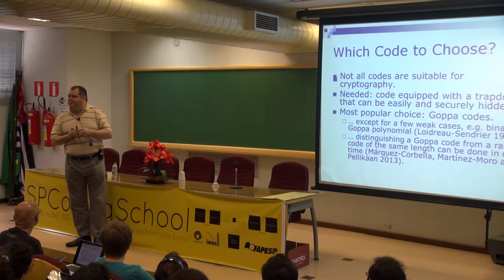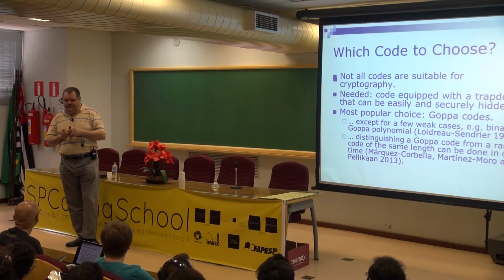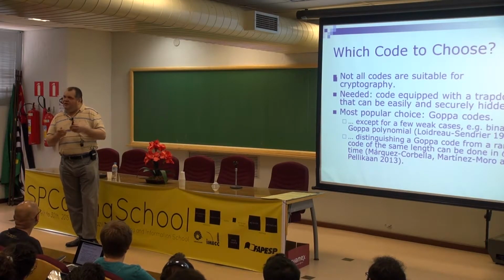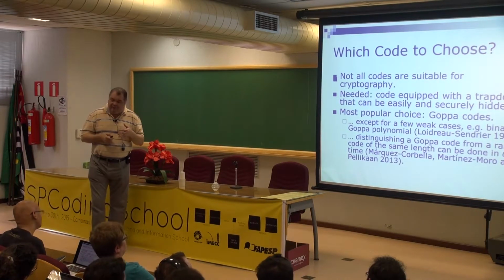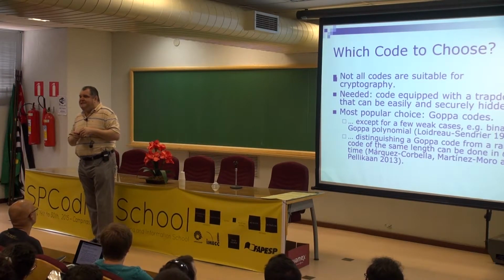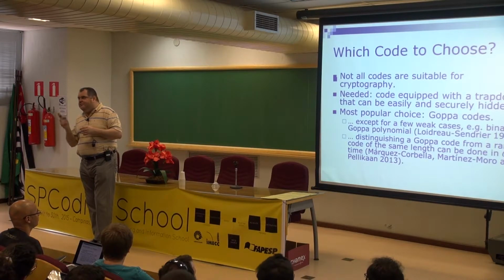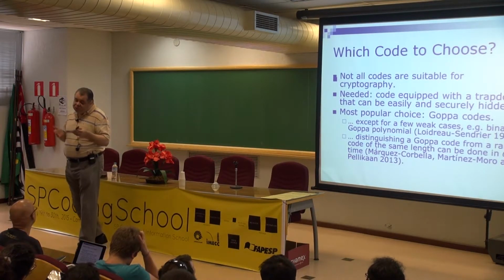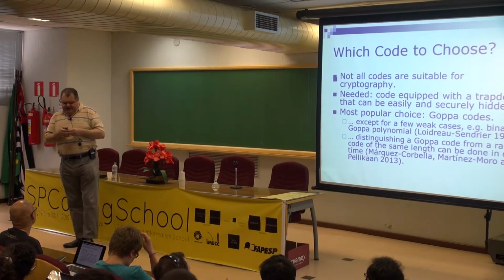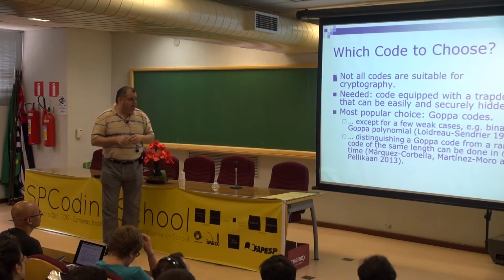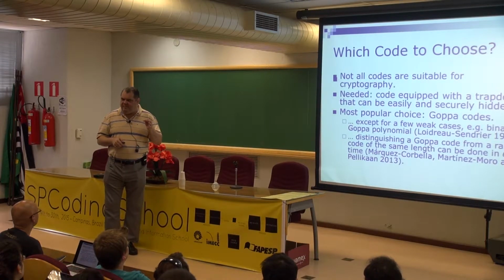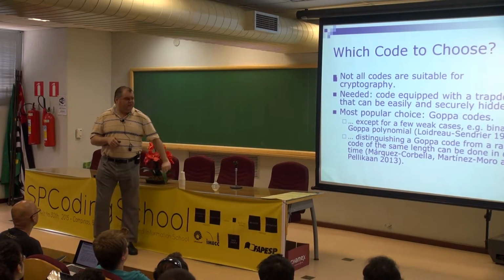But there are a few proposals that, surprisingly, seem to be resistant against almost anything. Foremost among them is the family of Goppa codes. Goppa codes were proposed in 1970, so 45 years ago. People have tried to break them. They seem to be okay, except for a few subfamilies. Purely binary Goppa codes, if we base them on a binary polynomial, we have a quick look at this.